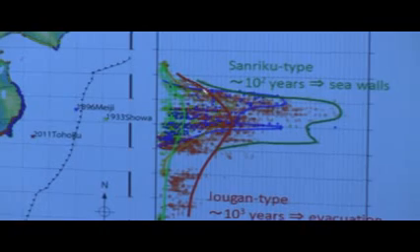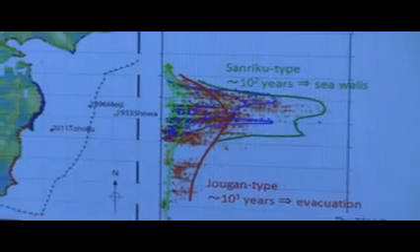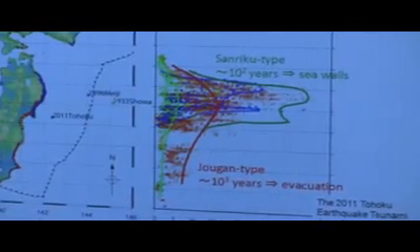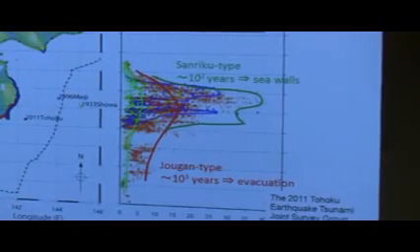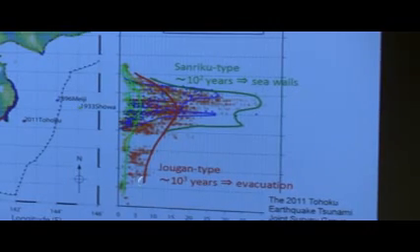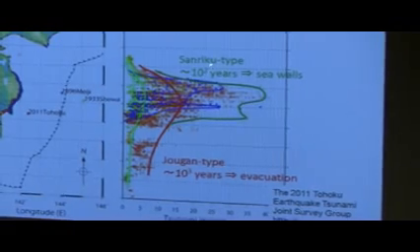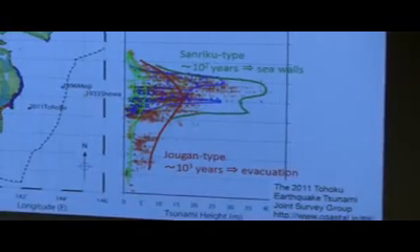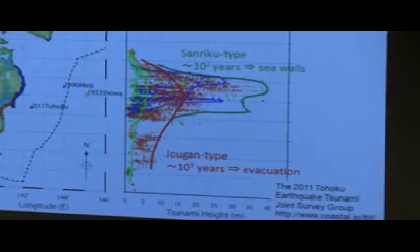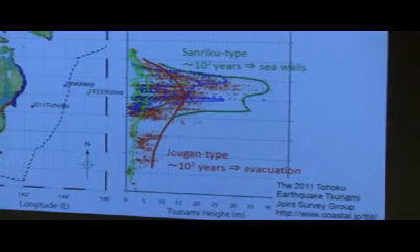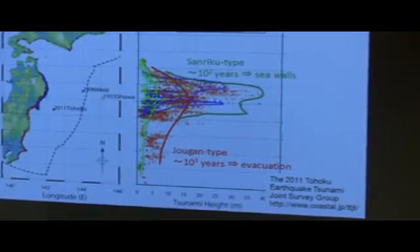But this event is superimposed by the other, Jogan type, a huge tsunami affecting a relatively wide area, but the return period of the Jogan type tsunami is much longer than the Sanriku tsunami. So by this kind of analysis, we expect that we can decide a reasonable design height, considering the return period of the event.